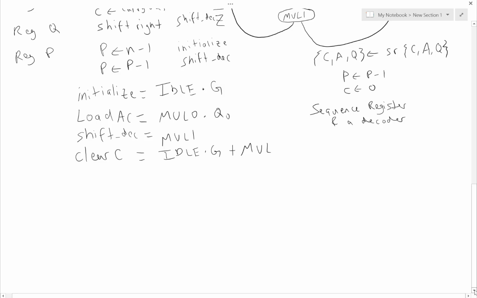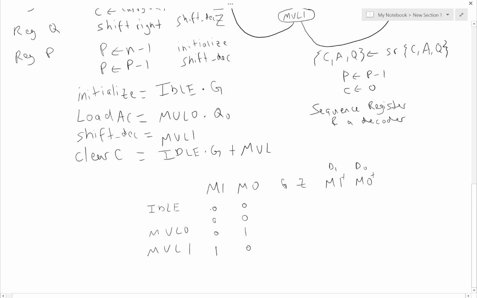I'm going to need at least 2 flip-flops. I have 2 inputs, G and Z, and I'll go ahead and use D flip-flops for my design. And I'll assign the states where 0,0 is the idle state, 0,1 is mul 0, and 1,0 will be the second multiply state, mul 1.